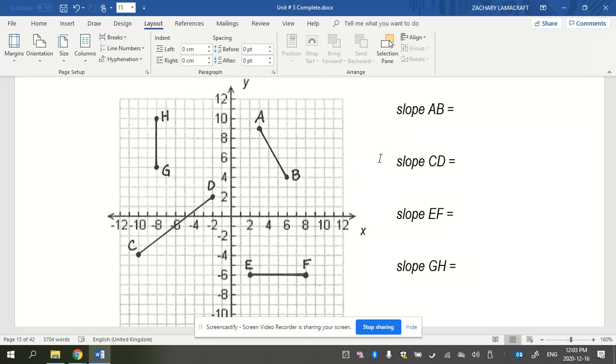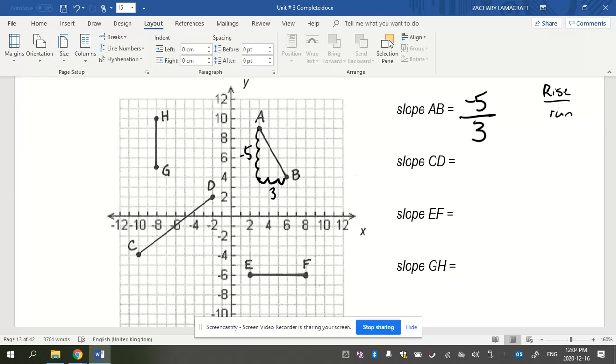Looking at A to B, it's down 5 and to the right 3, so it's negative 5 over 3. Once again, rise over run: our rise was going down 5, which is negative, and our run is 3.